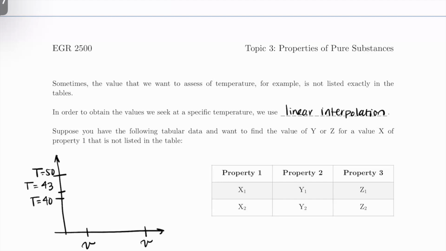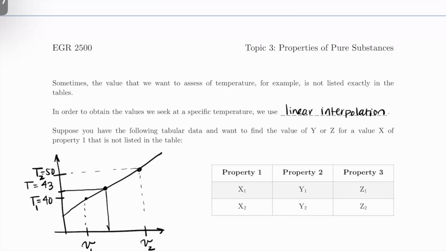We would say, okay, I'll call this T1, V1, T2, V2. These two data points that we know, we're going to assume that they're connected with a straight line. So we would take our 43 and find where it is on that line, and from that, we would be able to find our V3.